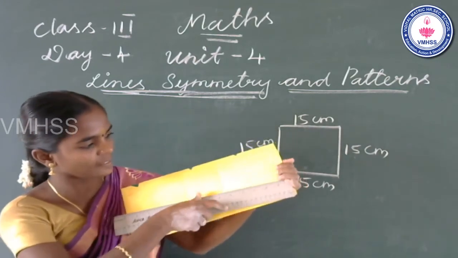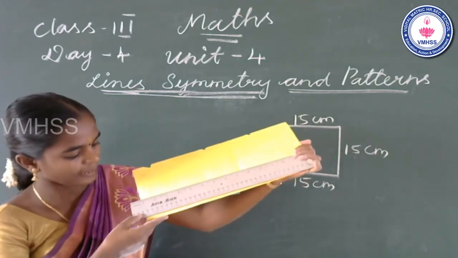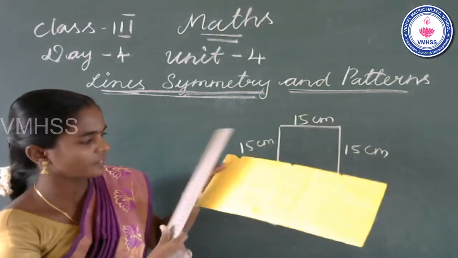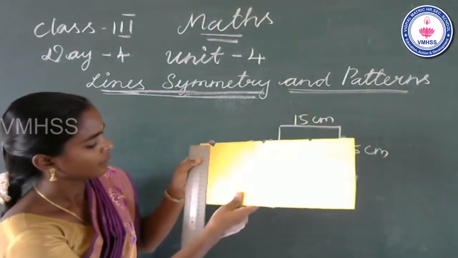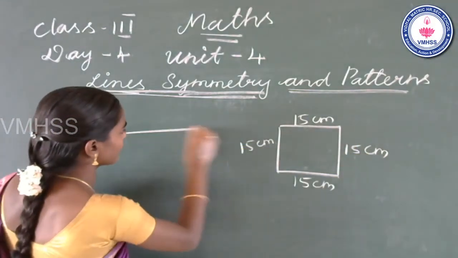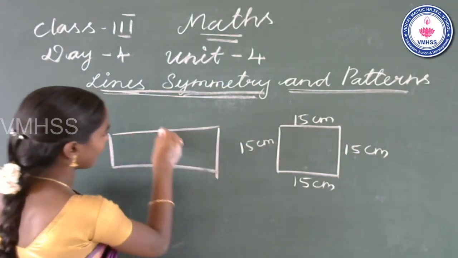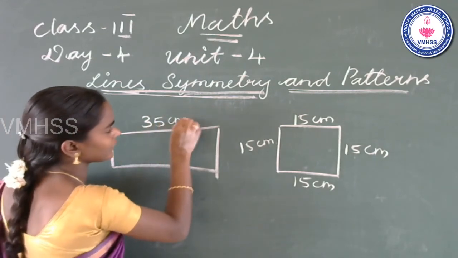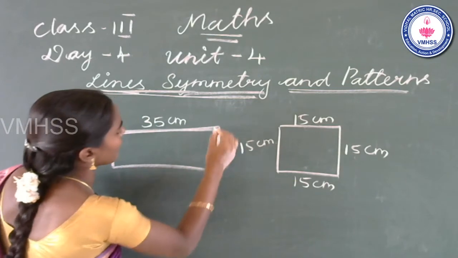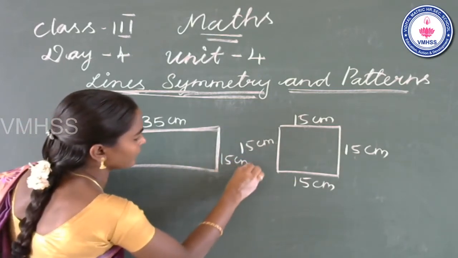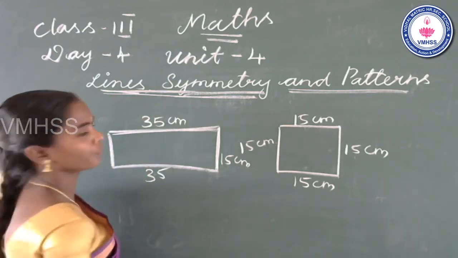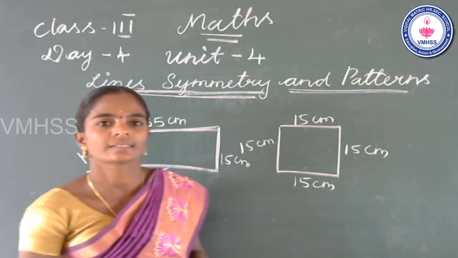This side also 35 centimeter, next this side 15 centimeter. So length 35 centimeter and breadth 15 centimeter. Next length 35, next 15.